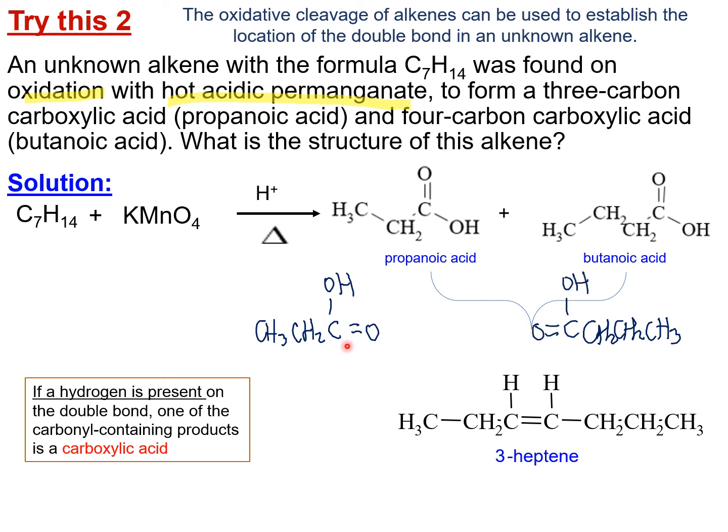Okay, kiranya sebelum dia jadi produk yang macam ni, sebelumnya dia adalah alkene. Alkene yang ada satu hydrogen. Okay, so alkene yang ada satu hydrogen, kalau let's say I lekatkan dua benda ni. Okay, if I lekatkan dua benda ni and then I hilangkan oksigen kat sini.